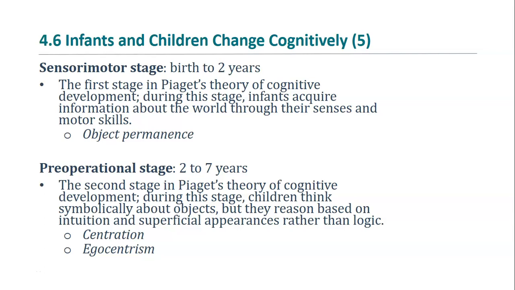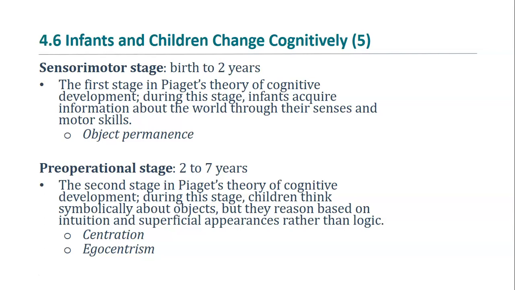During this stage, at approximately 6 to 9 months of age, Piaget thought approximately 9 months, though newer theorists have shown that it's much earlier, the child will develop object permanence, the notion that objects exist even when you cannot see them. The next stage is the preoperational stage, which runs from about 2 to 7 years.